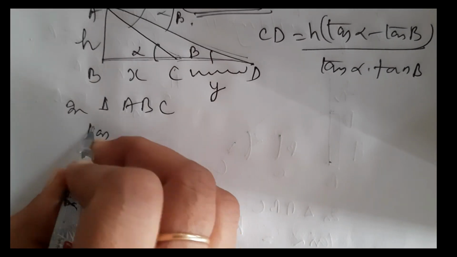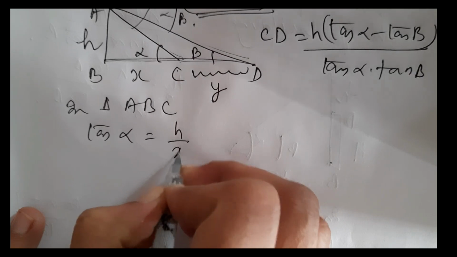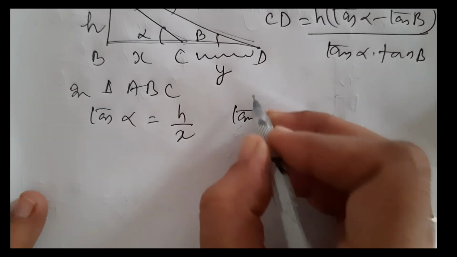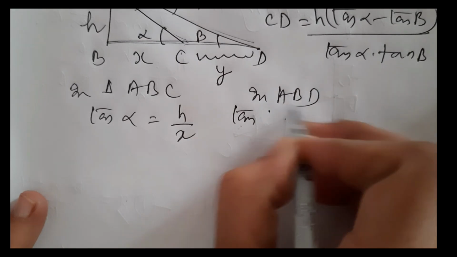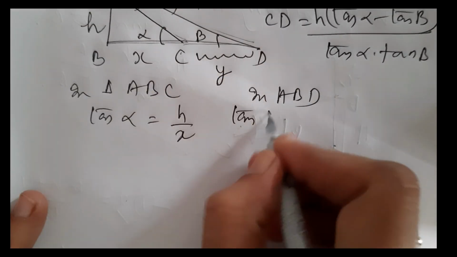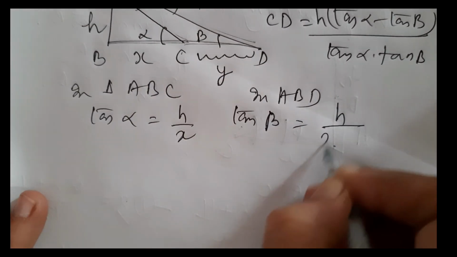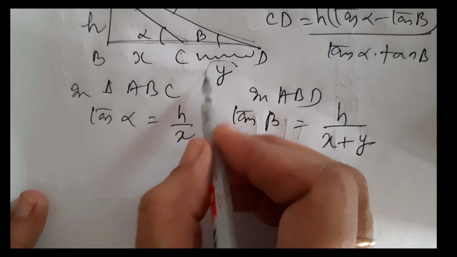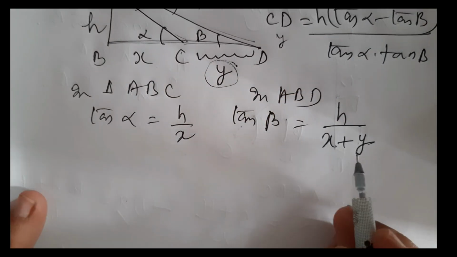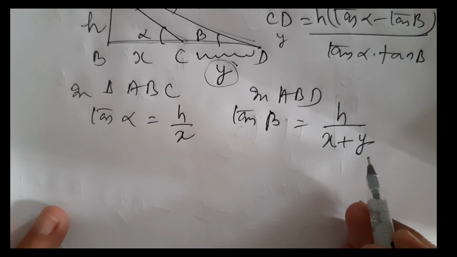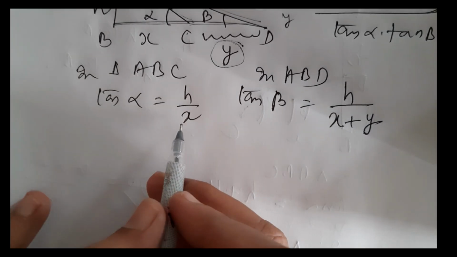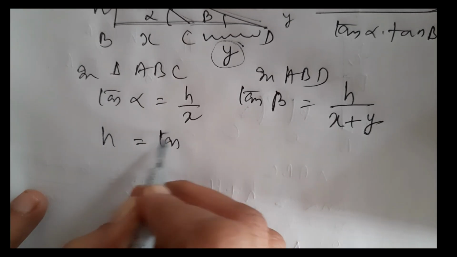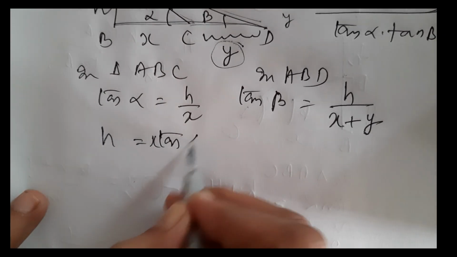In triangle ABC, tan alpha is h upon x, and in triangle ABD, that is the bigger triangle, tan beta is h upon x plus y. We need to find the value of y, so we are going to get the solution in terms of y. So here let's find out the value of x. Cross multiplication, h is x tan alpha.